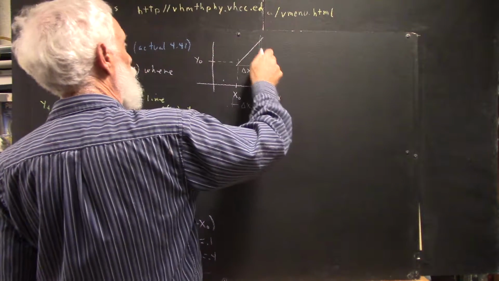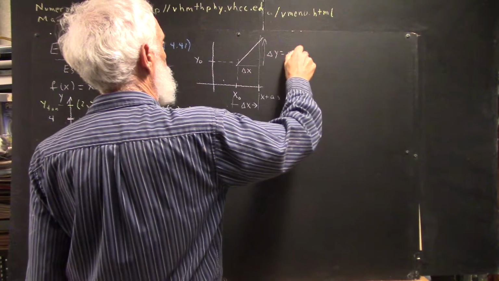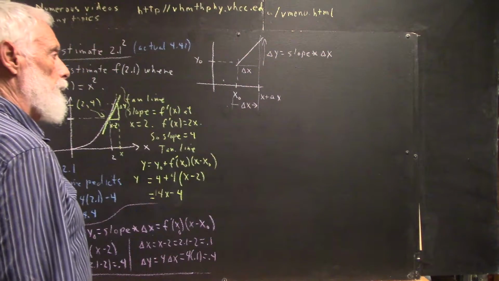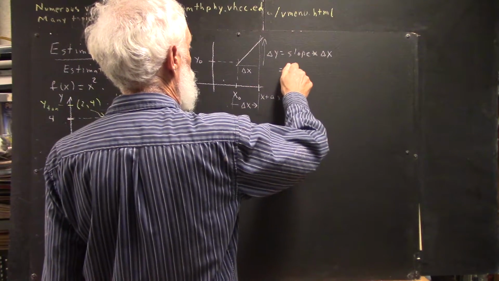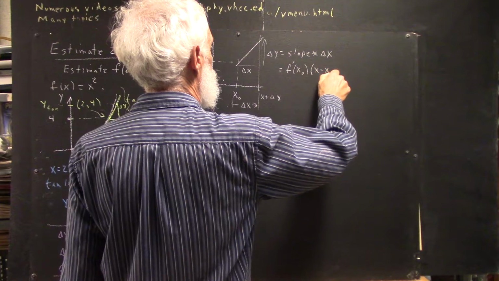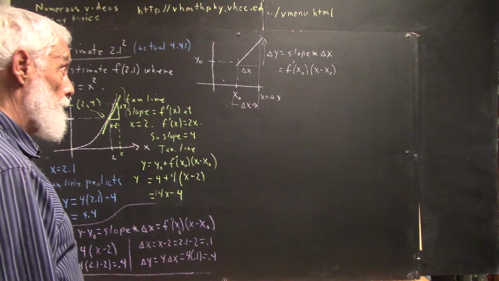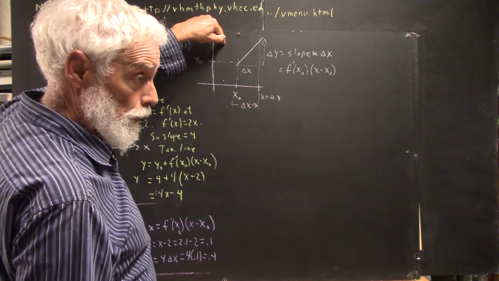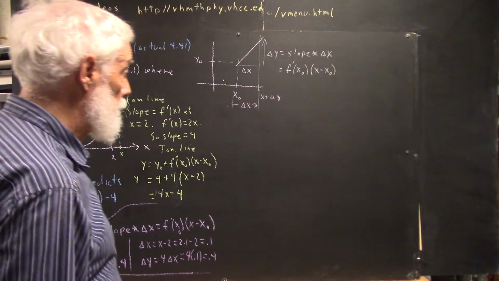But the bottom line is that the change in the value of y is slope times delta x. And of course, if you know the function, that's f prime at x naught times delta x, which is just how far you have to go from x naught to get to x, which is x minus x naught. Just this picture summarizes most of what you need to know about this aspect of the tangent line.